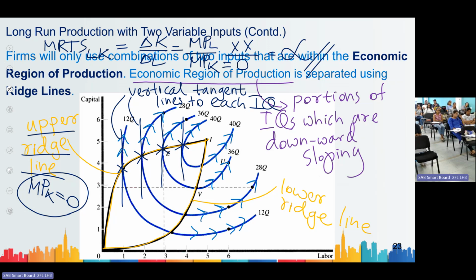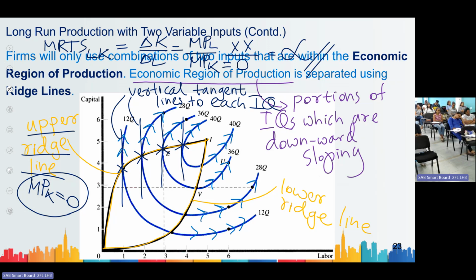So these are those isoclines. And these tangency points will be the points where the slope of the isocline is infinite. That will be the points where MPK is 0.